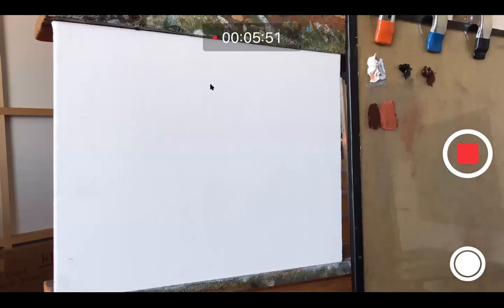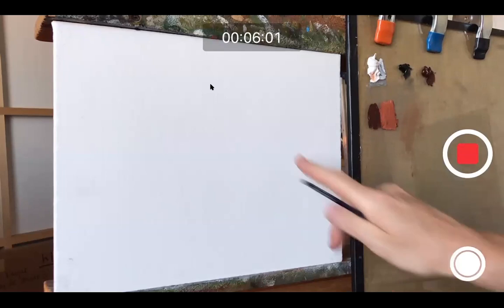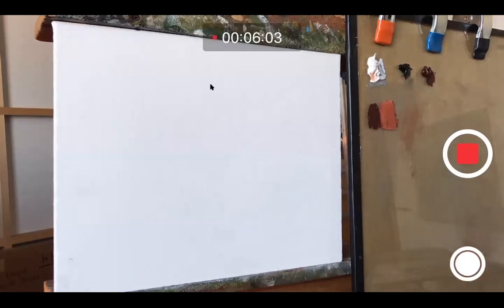So I'm not going to use yellow ochre today to draw. I'm just going to draw with the transparent red oxide. Again, please refer to the image I sent to everybody as the source.